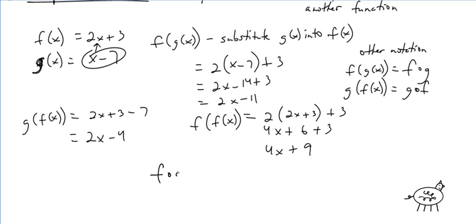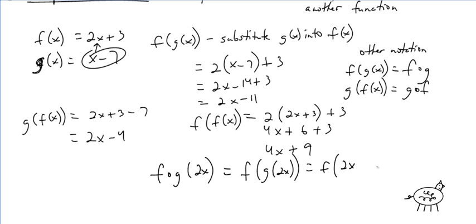So if I said f of g of 2x, it's really saying f of g of 2x. So what I can do is I'm going to put 2x into where g of x is. So it's really f of, and then g of 2x is, you stick a 2x where you have x minus 7, so you have 2x minus 7.